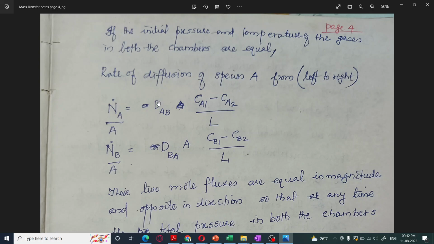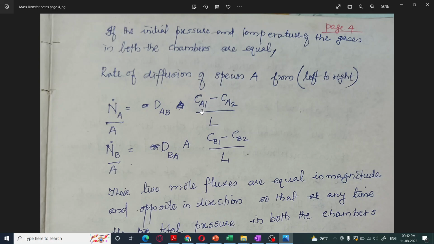That is equal to minus D_AB into dC_A by the distance, so we can write D_AB into (C_A1 minus C_A2) by L, just like we write (T1 minus T2) by L.